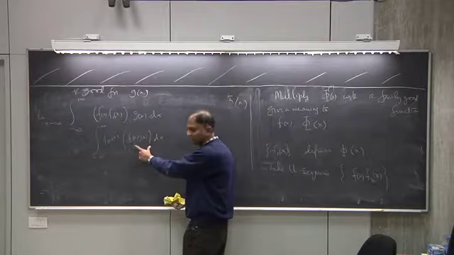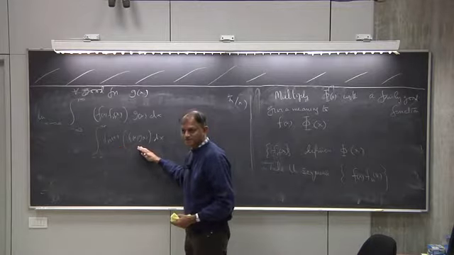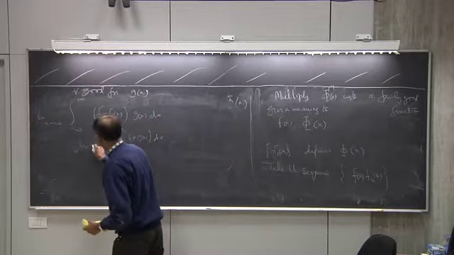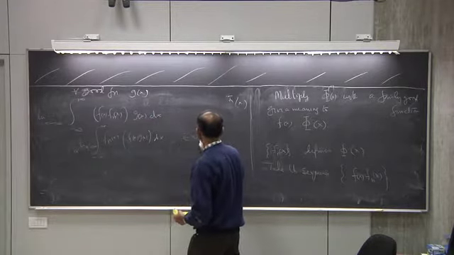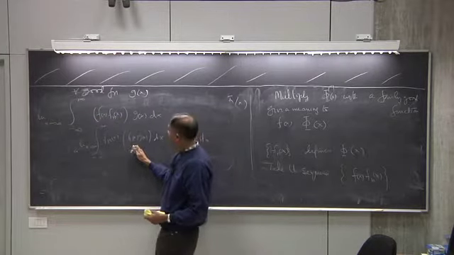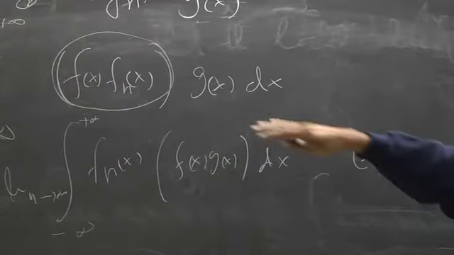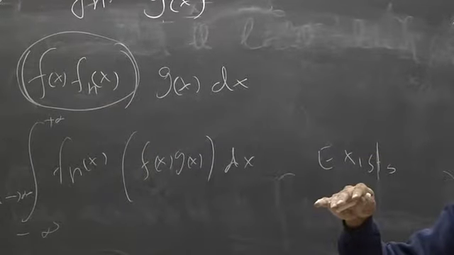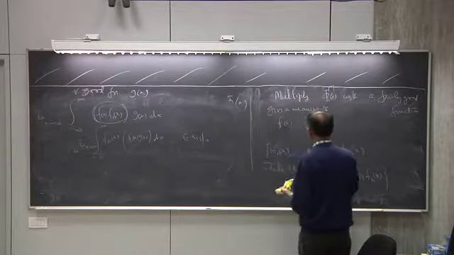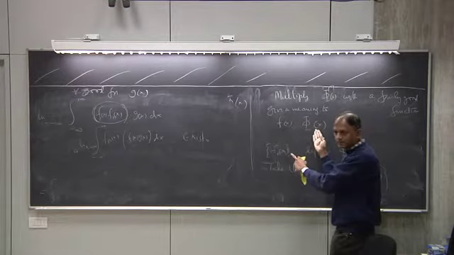So by the definition that f_n defines a generalized function, this limit exists, and therefore the other limit exists too, because it is the same. So this sequence again defines a generalized function, and that generalized function is simply denoted by the symbol f(x) times φ(x).